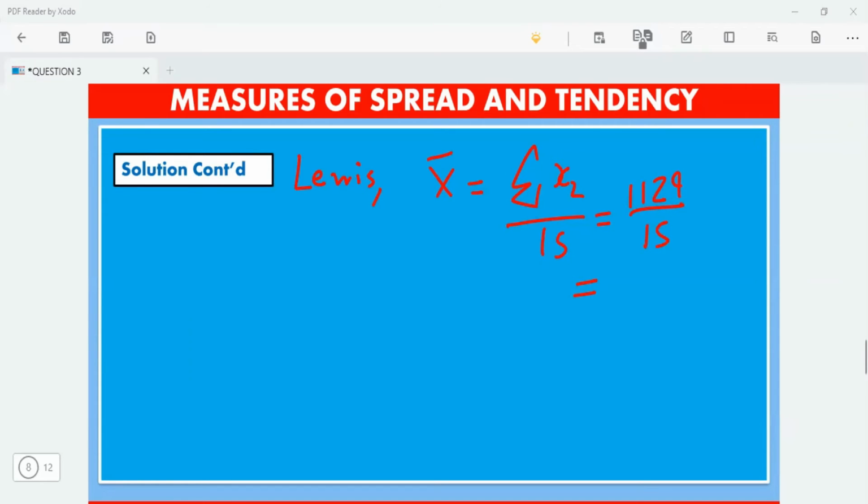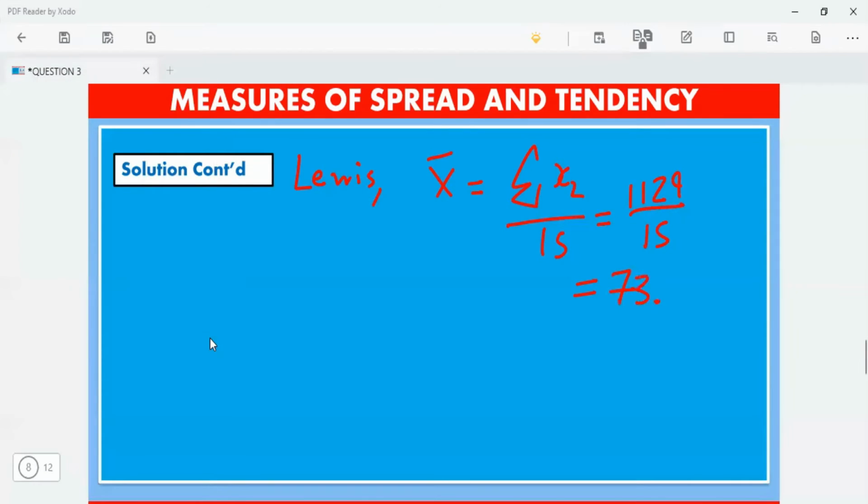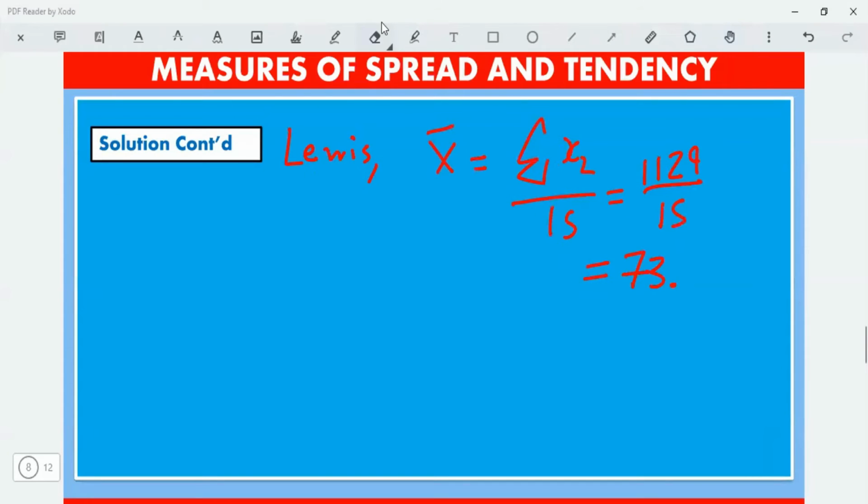And again, you just pop out a calculator, 1129 divided by 15, and what we get is 75.3. I typed this by mistake, 73. It should be 75.3. Let's fix that. 75.3.